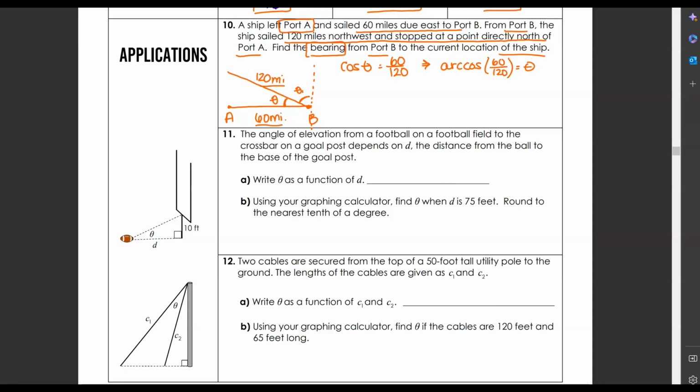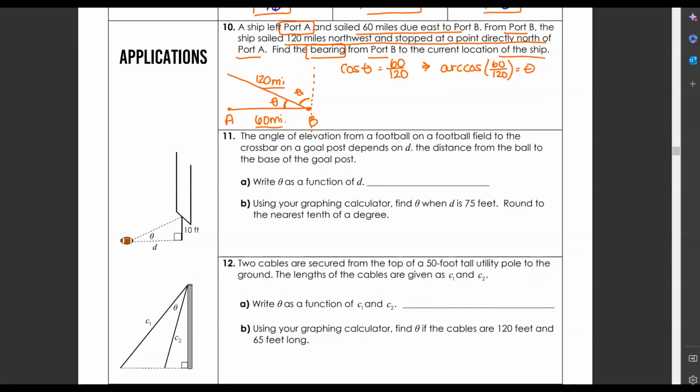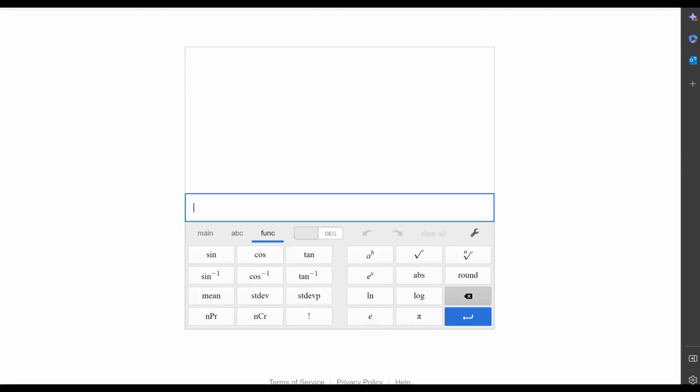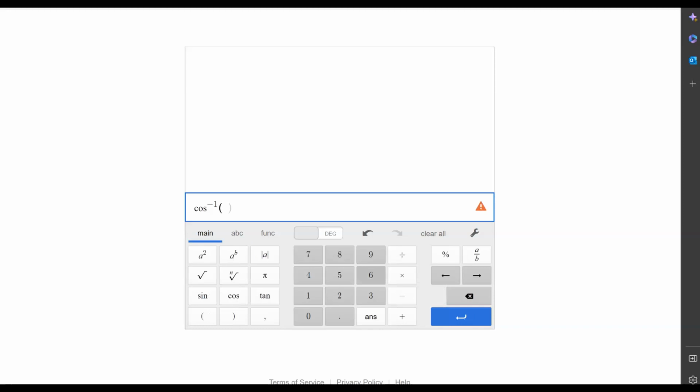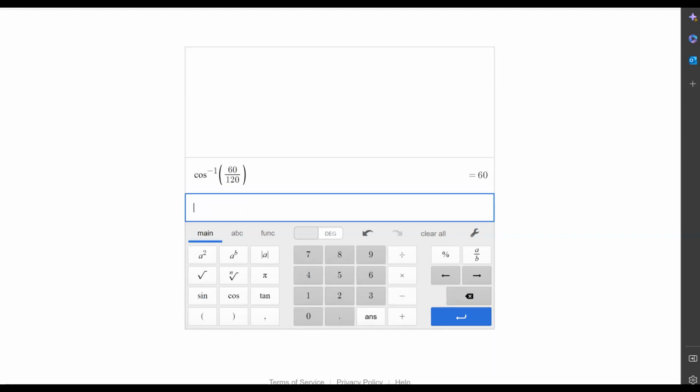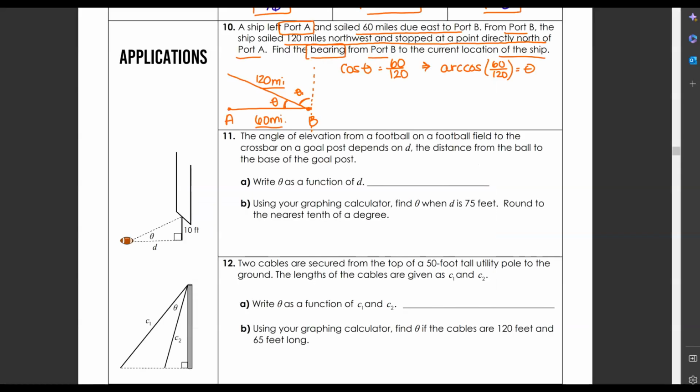So I'm just applying that inverse, which we've already been doing. And so in doing this, let's come over here to our calculator, and I'm going to come over here to functions. Here's my cosine inverse, or my arc cosine, and I have 60 divided by 120. All right, we hit enter, and we see we get those 60 degrees. So this is going to be theta equals 60 degrees.